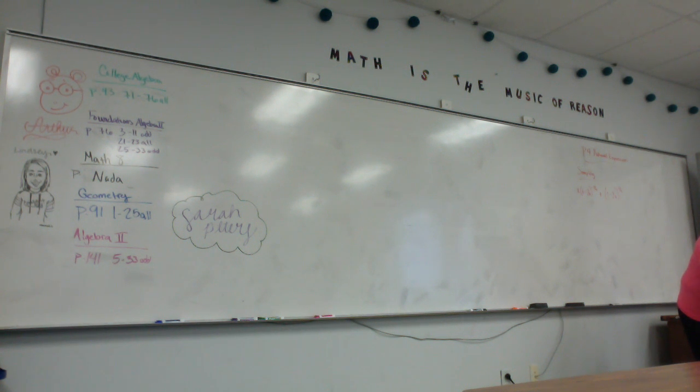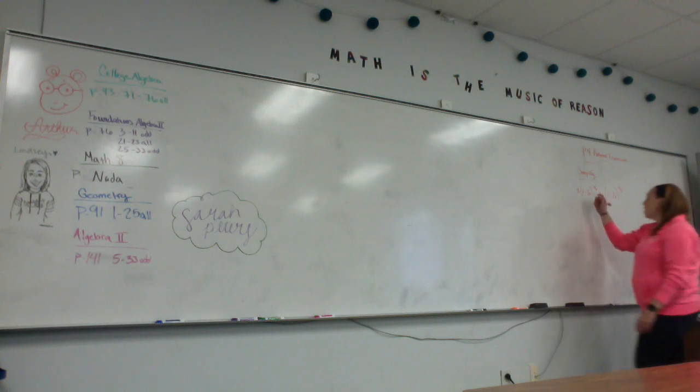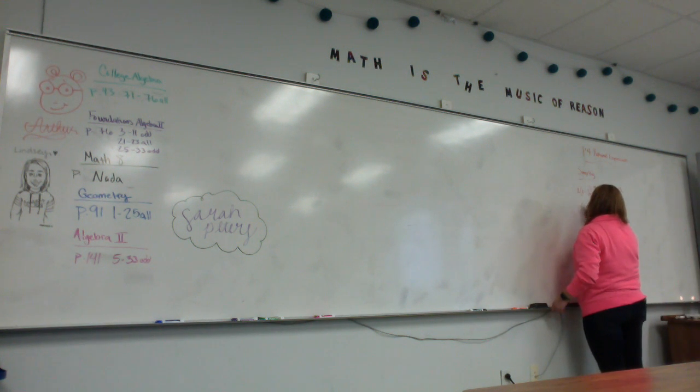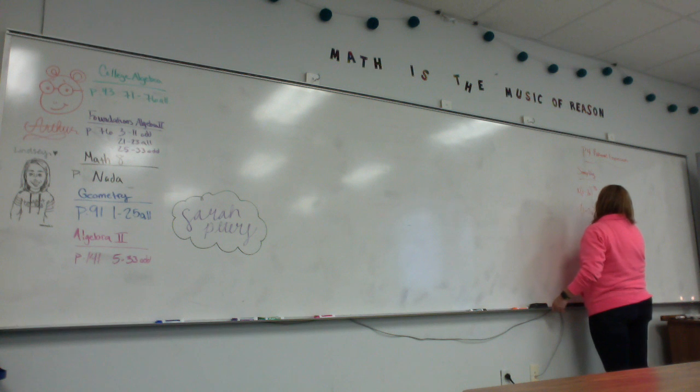What you want to do is start by factoring out the common factor with the lesser exponent. Factor out the common factor with the lesser exponent. So I'm going to factor out (1 minus 2x) to the negative 3/2.